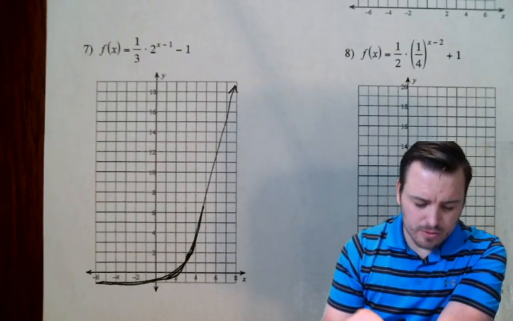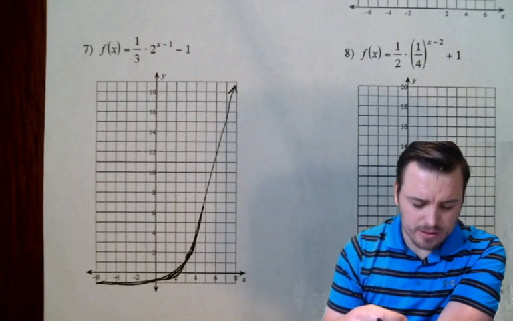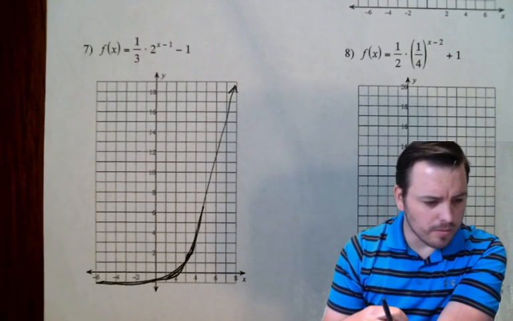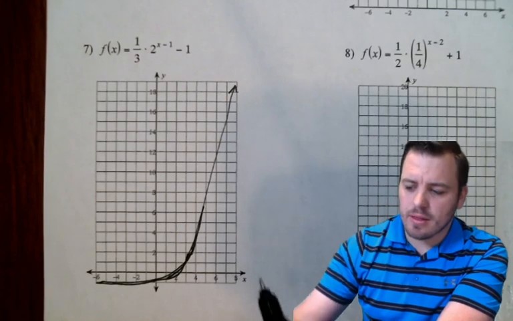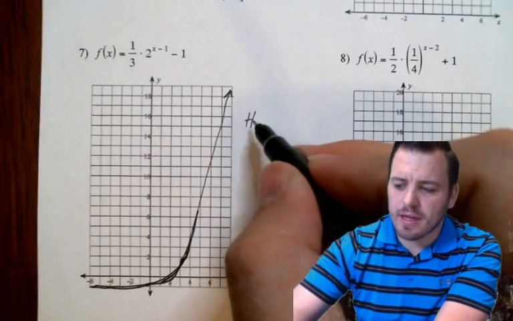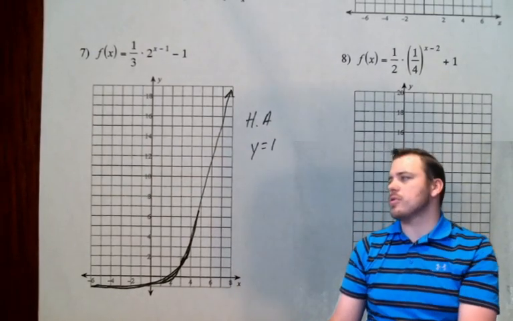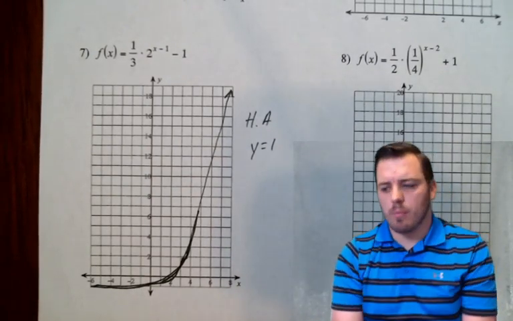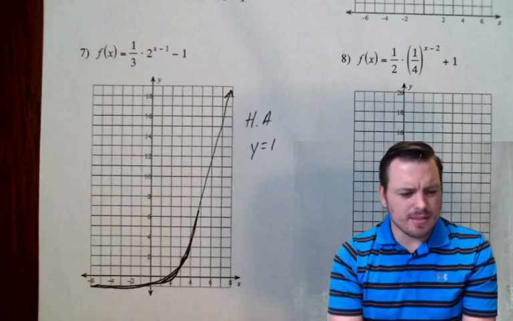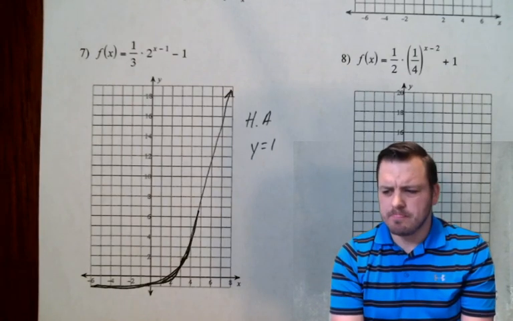Elena said for number 7, I was confused about the horizontal asymptote because it touches 1. So the horizontal asymptote would be y equals 1. So it doesn't touch 1.